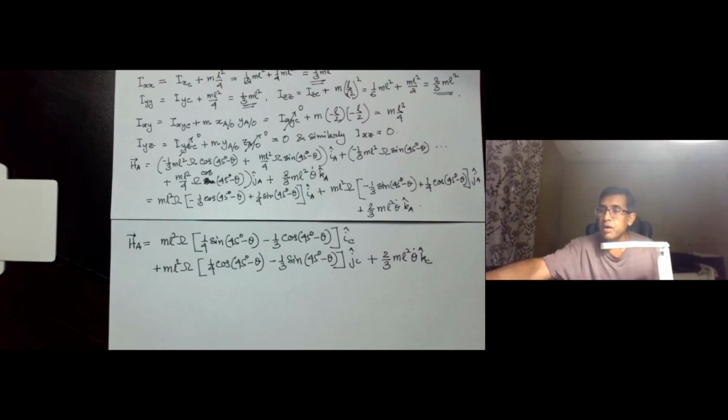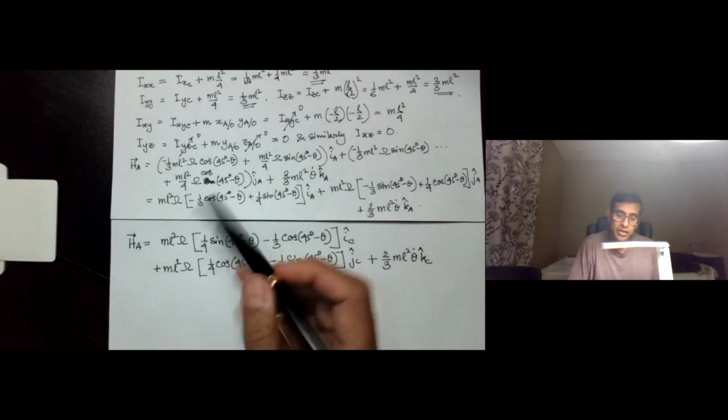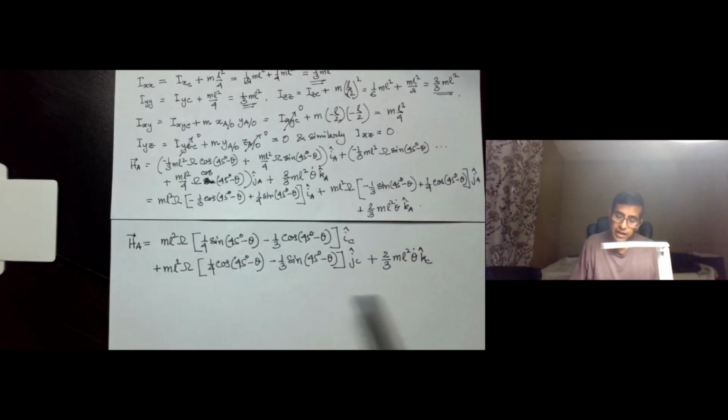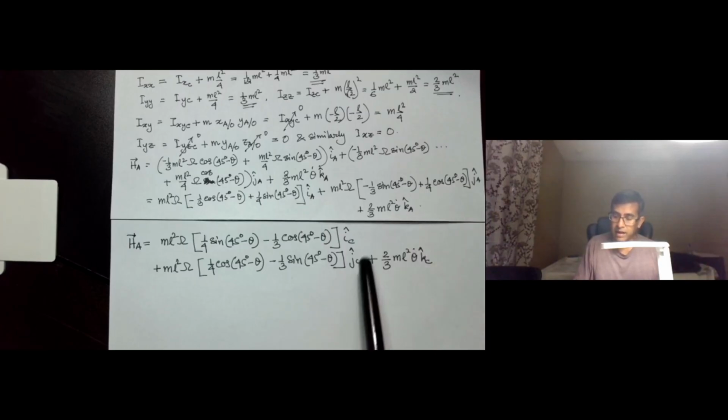There is another part of the problem that can be done, and that is to find the rate of change of angular momentum. To find the rate of change of angular momentum, when we differentiate this, we have to also consider the fact that theta is changing, so theta dot terms will show up, but we also have to differentiate the unit vectors IA, JA and KA.